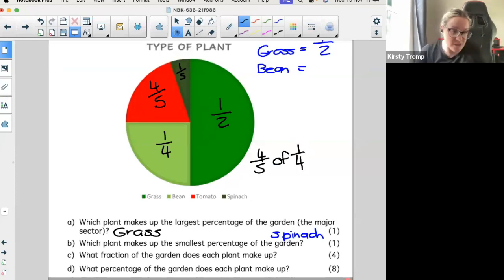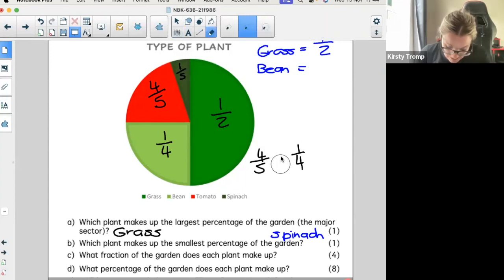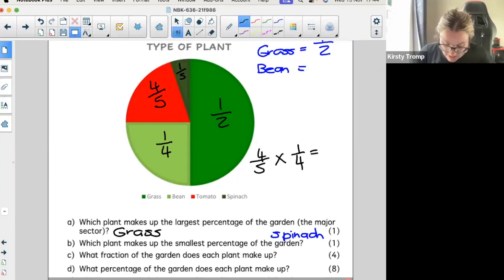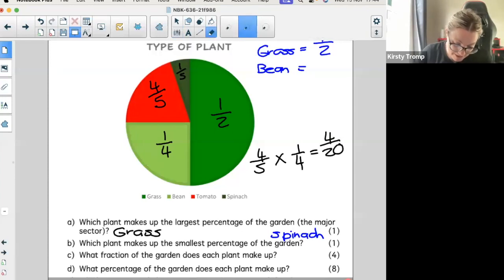This here is a quarter that it's sitting in, so tomatoes are making up 4/5 of the quarter. What does "of" mean? Of means you must times. So let's put a times in there, and that gives us 4/20. That makes a bit more sense. Apologies.